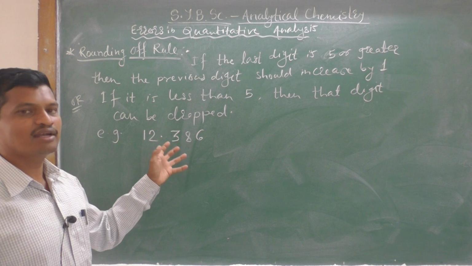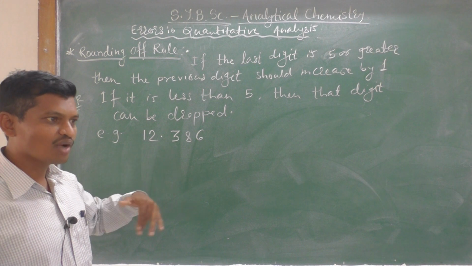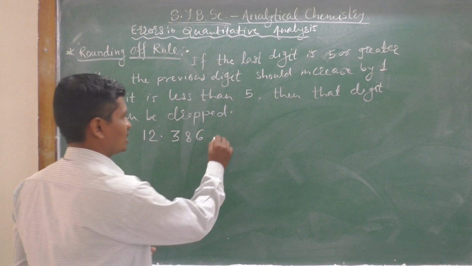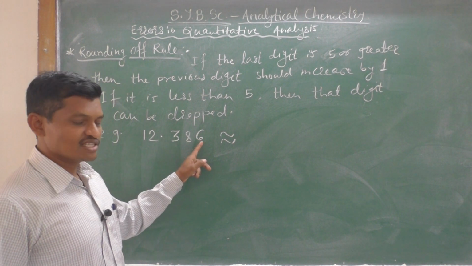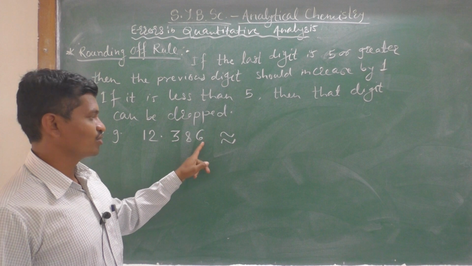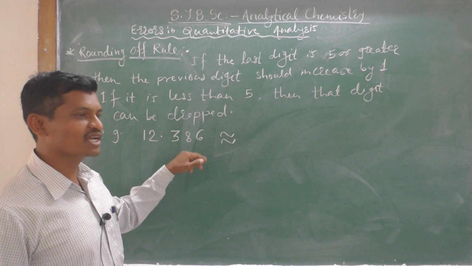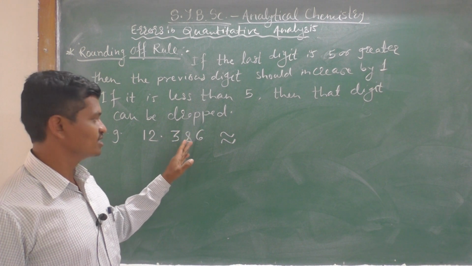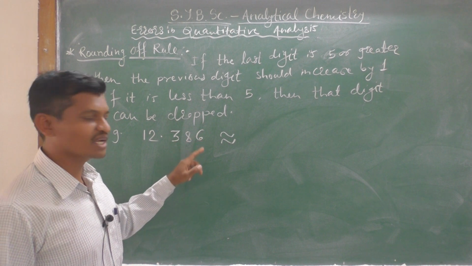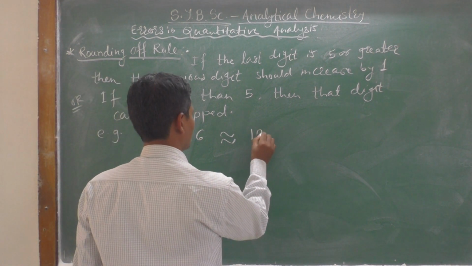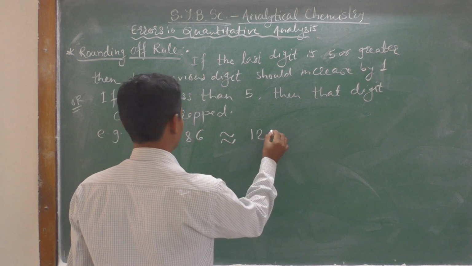I can write this number by the use of the rounding off rule like this: the third digit after the decimal point is 6, and it is greater than 5. As it is greater than 5, we increase the previous digit by one. The previous digit is 8, so 8 plus 1 gives 9. So the rounded number is 12.39.